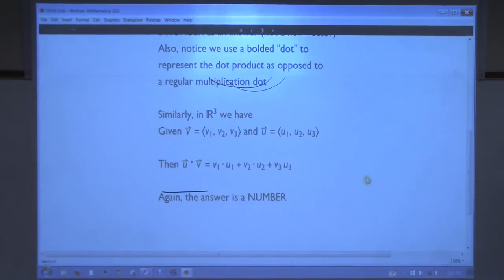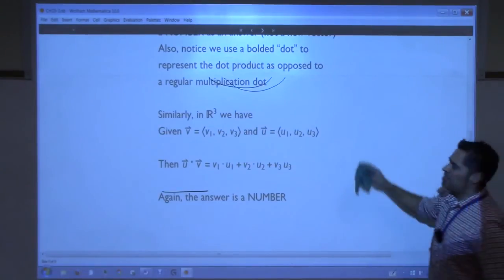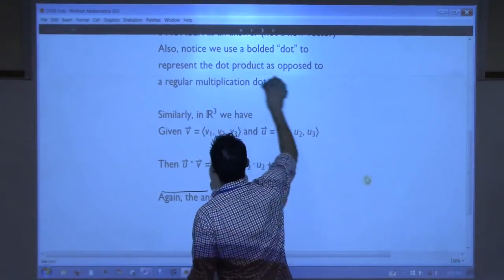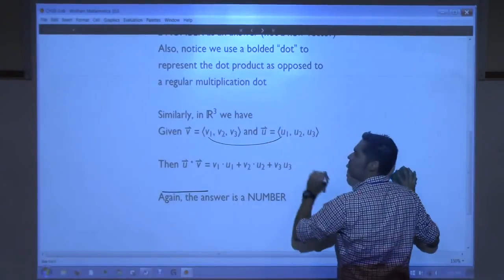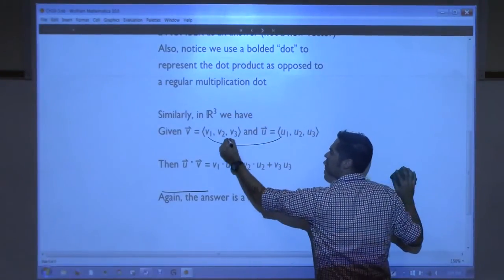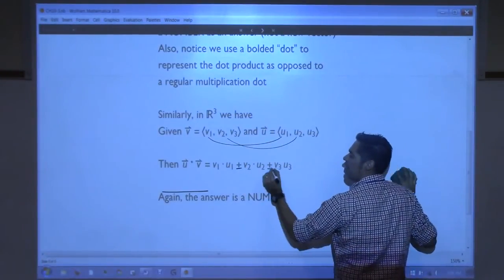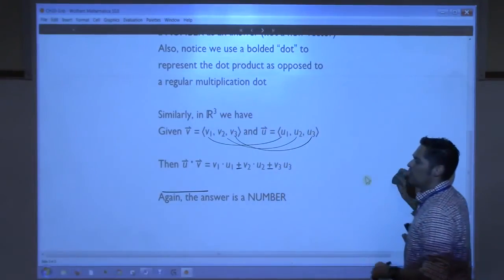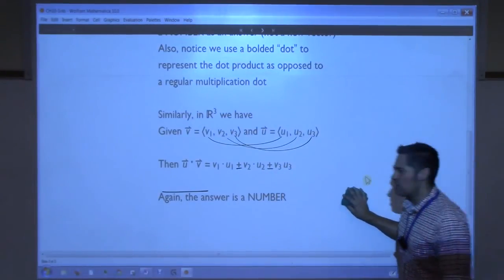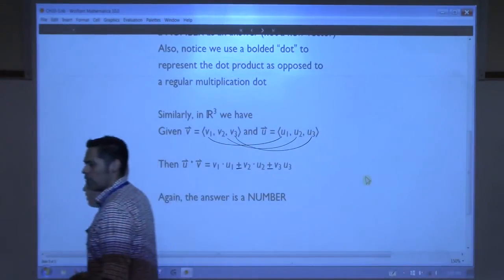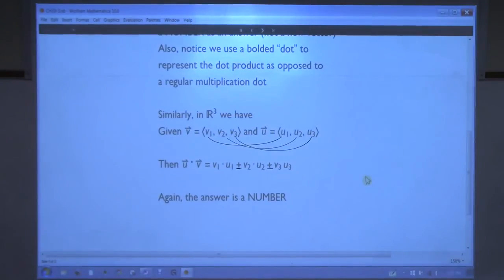In three-dimensional space, it's the same story. You take the first components, multiply them, then add to that the second components, and then add to that the third components, multiplied together. Again, the answer is going to be a number. Weird, right? The natural question would be, what does that number represent? Like, we all know what 3 times 5 is.